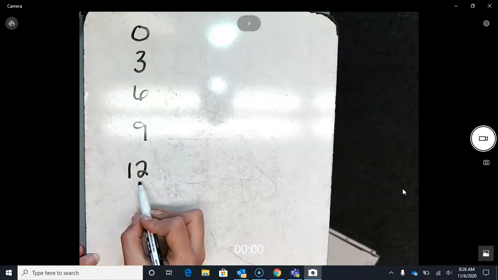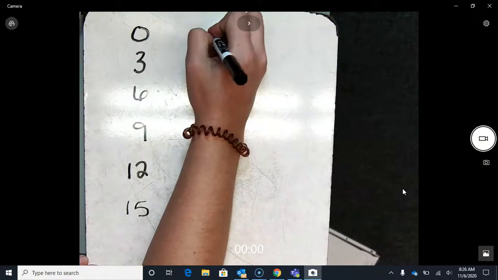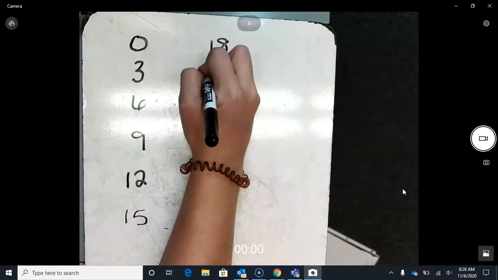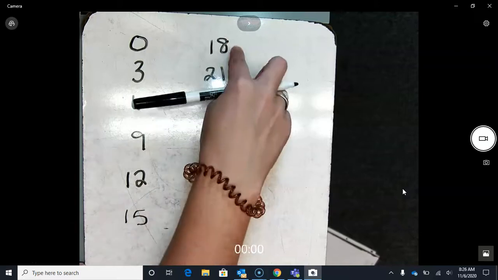What would come next? 3 more than 12 would be 15. 3 more than 15 would be 18. 3 more than 18 would be 21. We've got 0, 3, 6, 9, 12, 15, 18, 21.